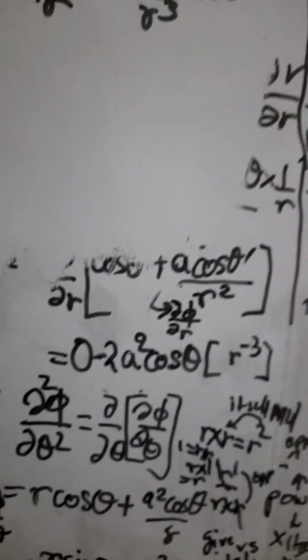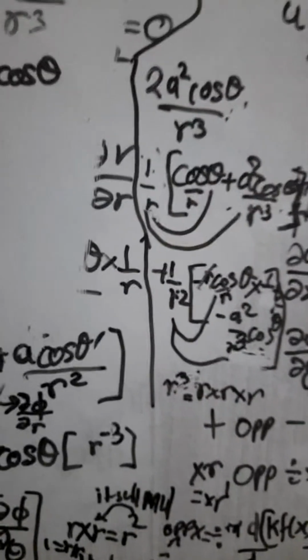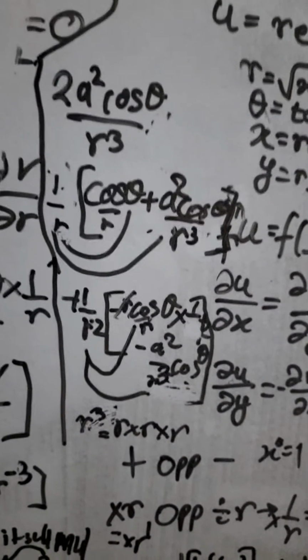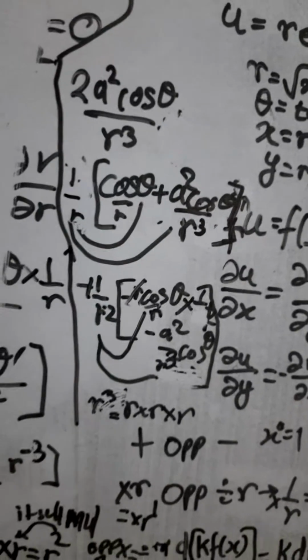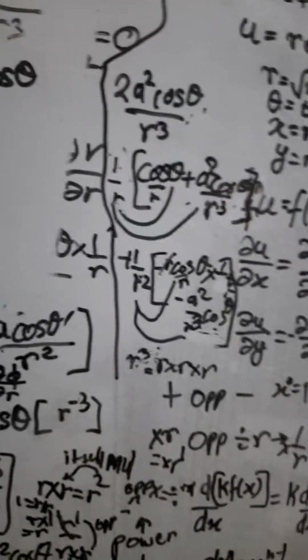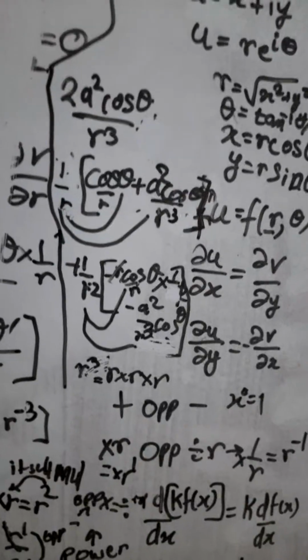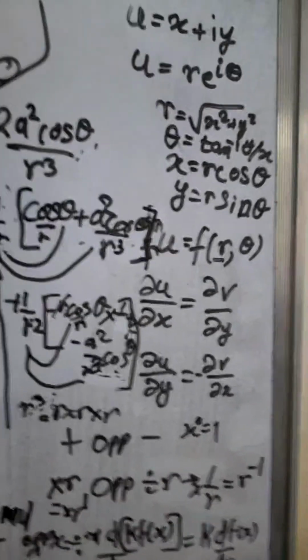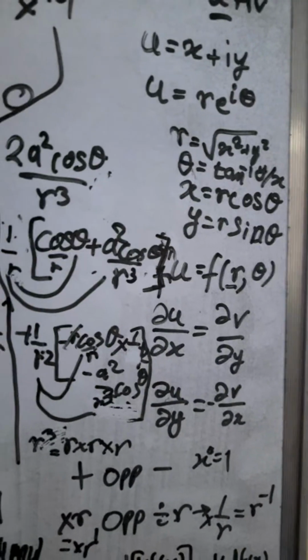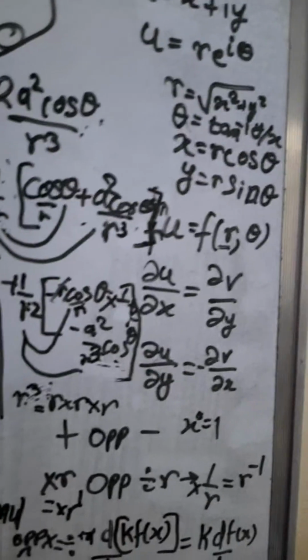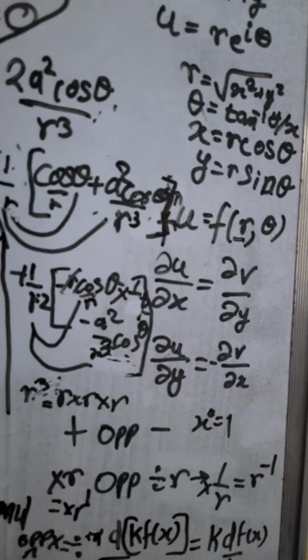Here it is minus 2a square cos theta by r cube. Now what I have is cos theta by r. That is also the same. And a square cos theta by r cube. That is also the same.